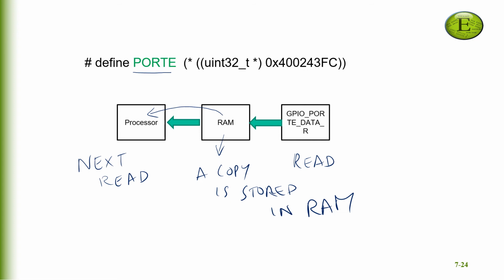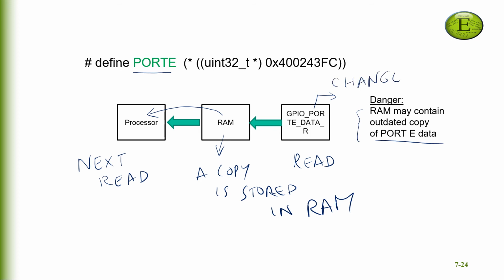And the actual data on port E may be changed. So therein lies the danger. The RAM may contain an outdated copy of the port E data because this can change and this communication may not occur in the next read.